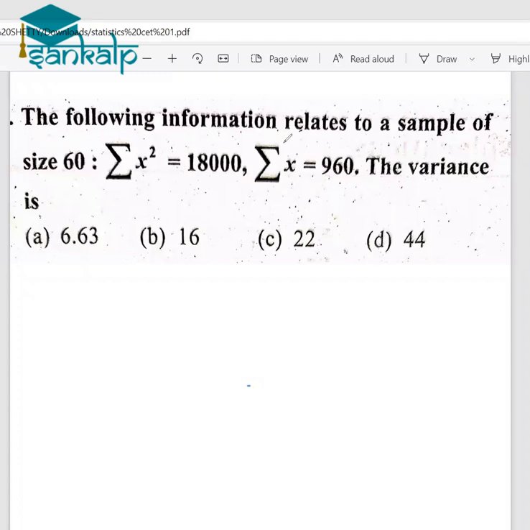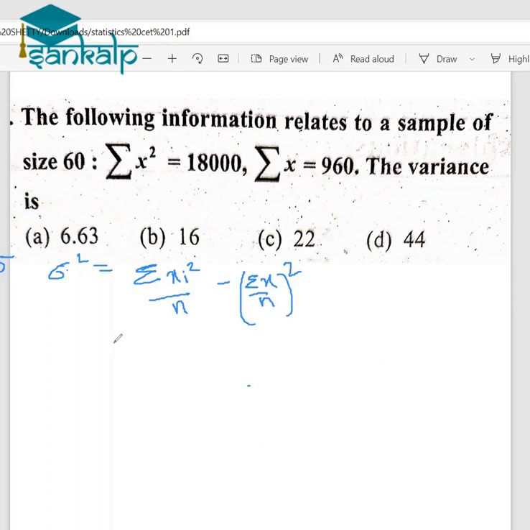Next question. The following information relates to a sample of size 60. Sigma x square is equal to 18,000 and sigma x is equal to 960. The variance is? So the formula for variance in ungrouped data: sigma square is equal to summation of xi square upon n minus (sigma x upon n) whole square.